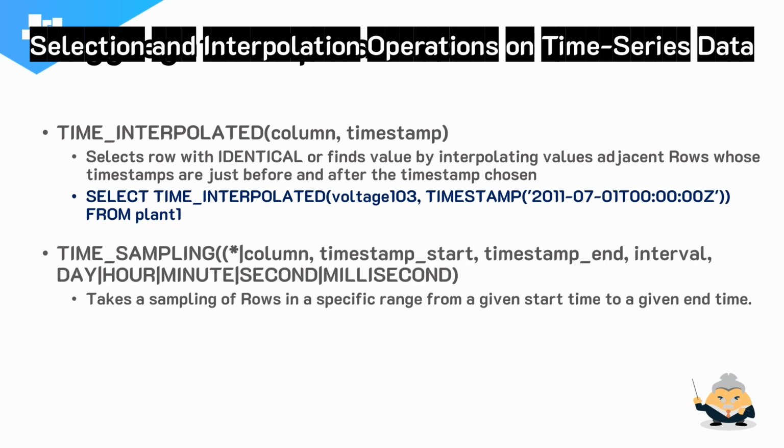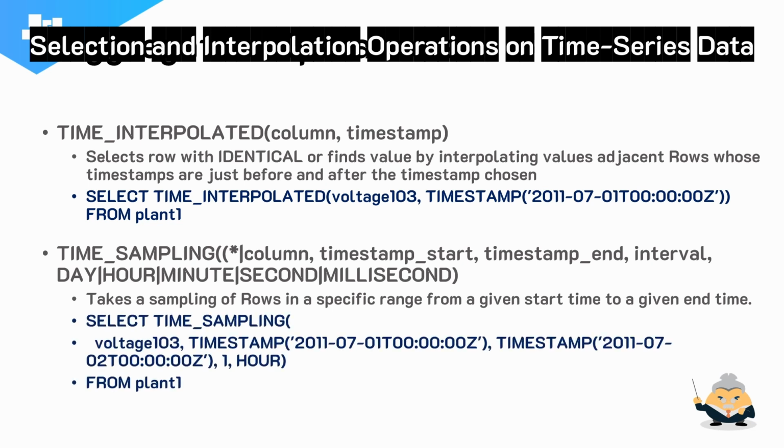Next up is time sampling. This one's a bit more complex. It takes a sampling of rows in a specific range from a given start time to a given end time. You can see in the parameter list, first is columns, and then timestamp start, timestamp end, and the interval. For the interval you can do minute, hour, seconds or milliseconds.